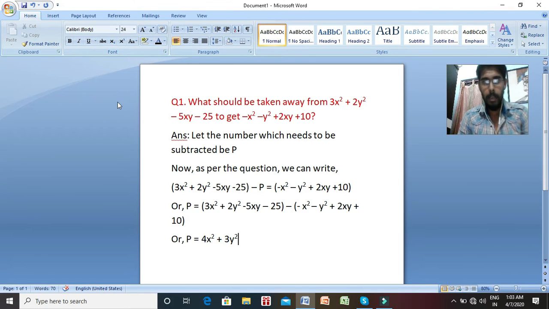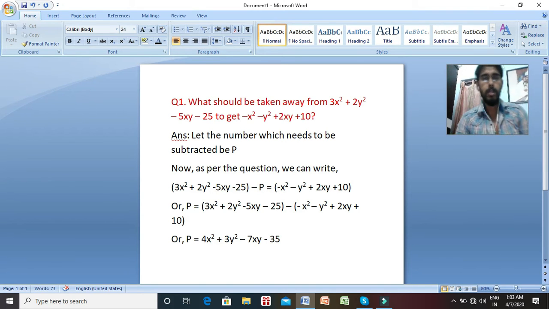Then minus 5xy and minus 2xy, that will be minus 7xy, and finally minus 25 and minus 10, so minus 35. That is the answer of p.